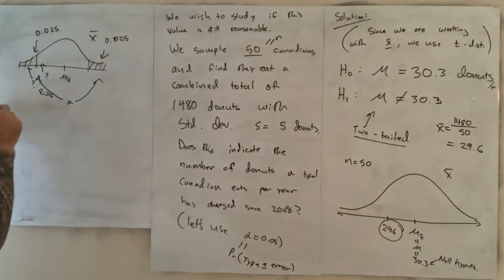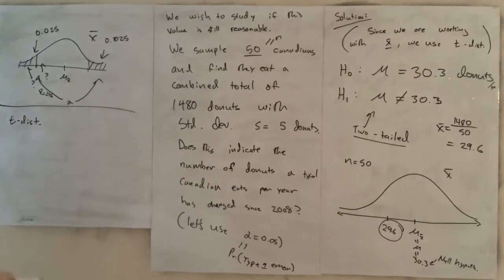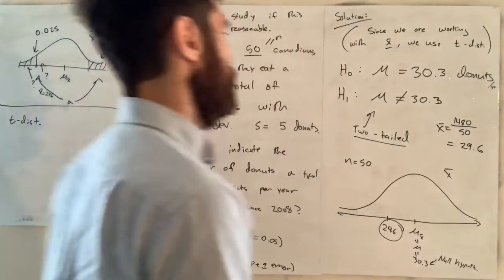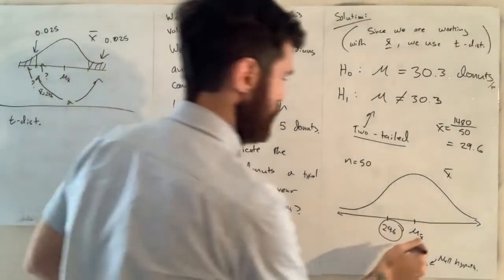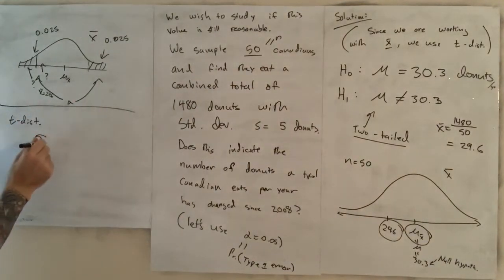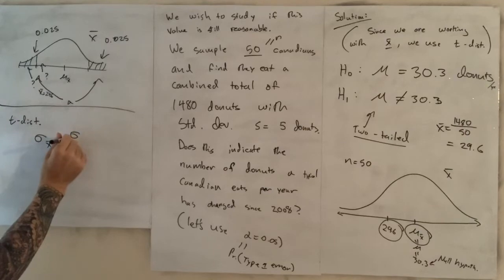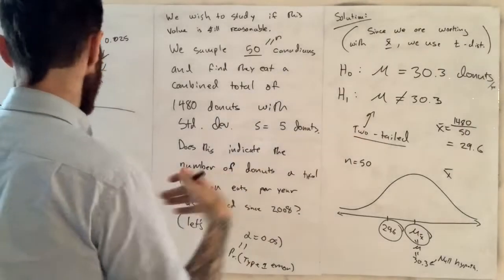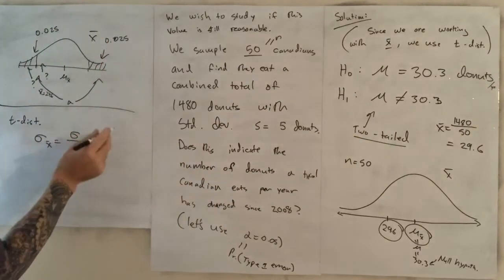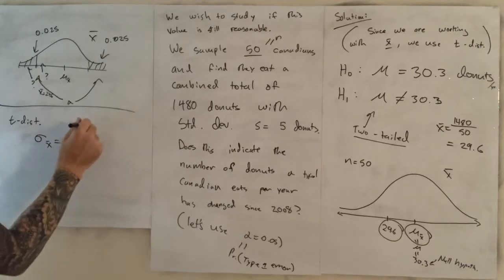Okay, so now we have to use the t-distribution. Why do we have to use the t-distribution? Well, because if we try to compute the standard deviation of X bar, that's going to be the standard deviation of our actual parameter divided by the square root of n. We don't know this.